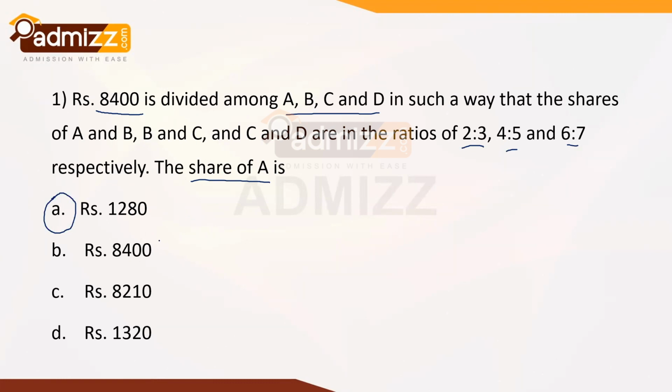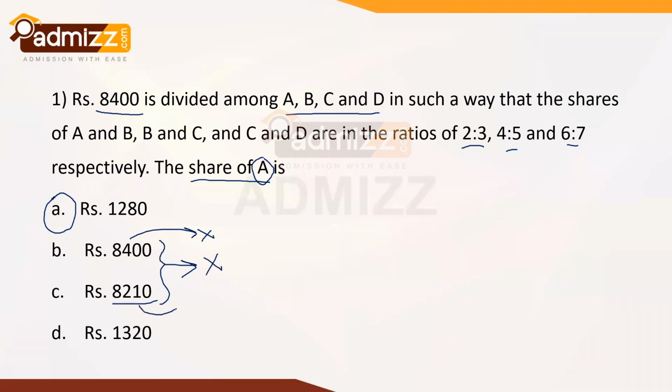Take a look at these two numbers. They're incredibly huge to be the share of a single person. So from that logic, we can directly eliminate these two. Because the total amount is 8,400 and it's divided among some people, that implies that 8,400 is definitely not the answer.